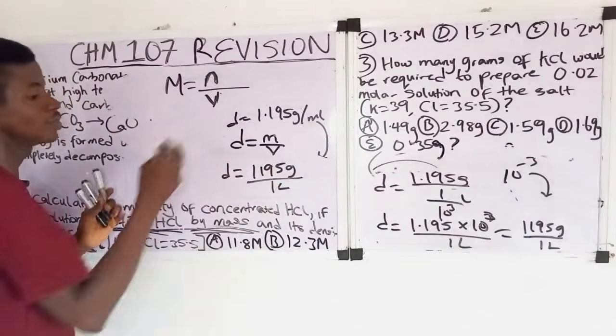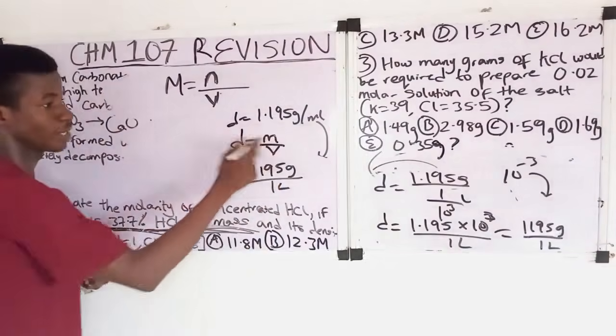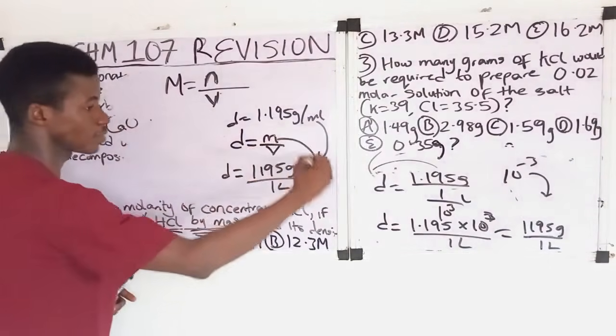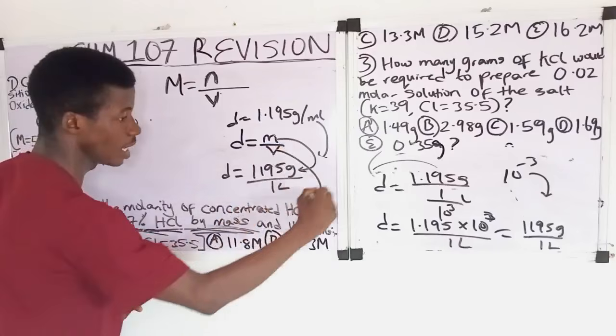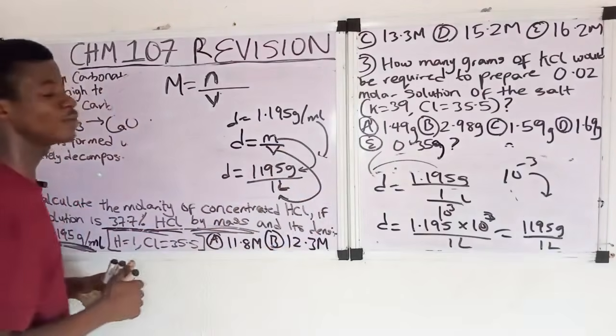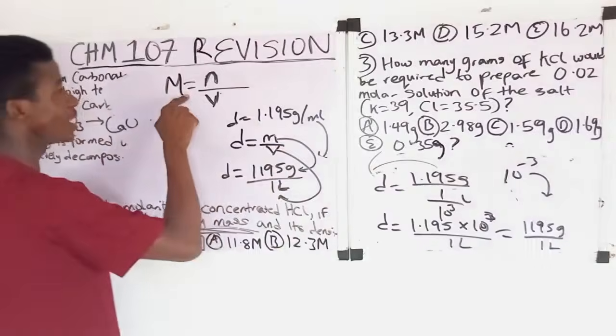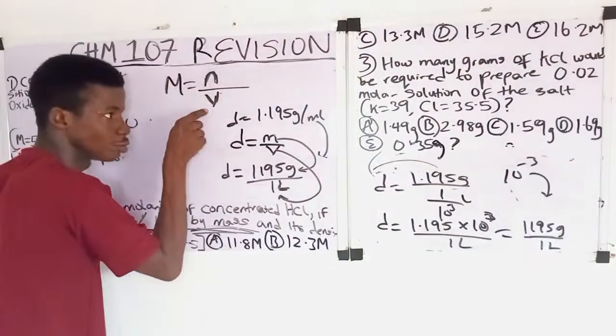Remember, density is mass over volume, right? So our mass is 1195 and our volume is 1 liter. Don't forget, we are reading from molarity. Molarity is equal to number of mole over volume, right?